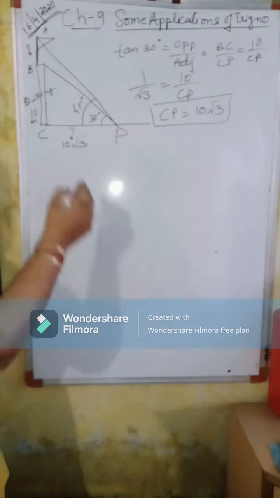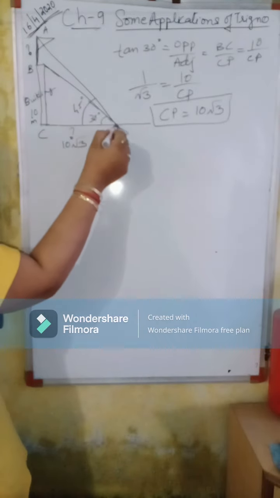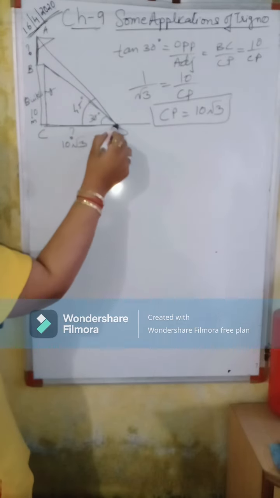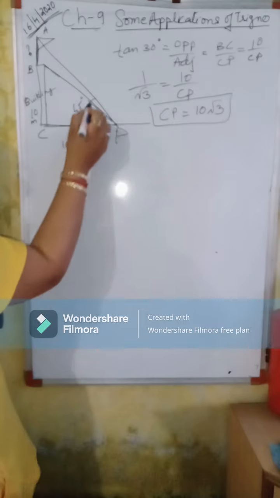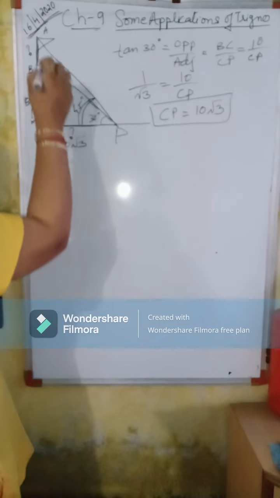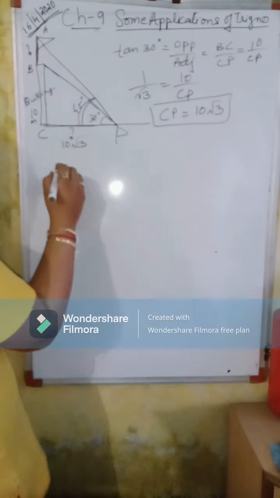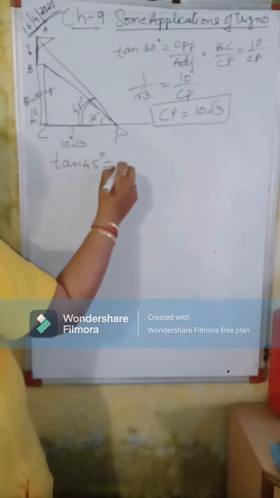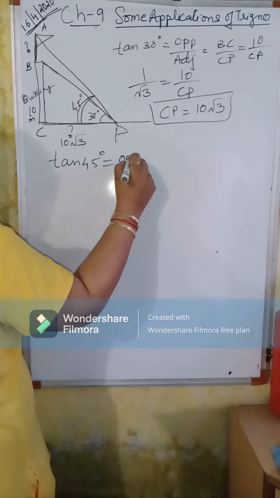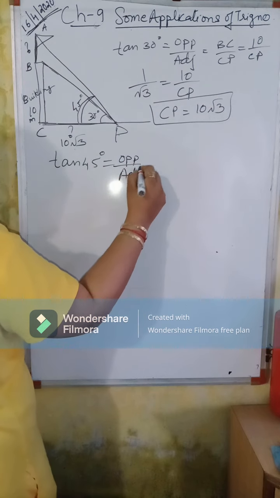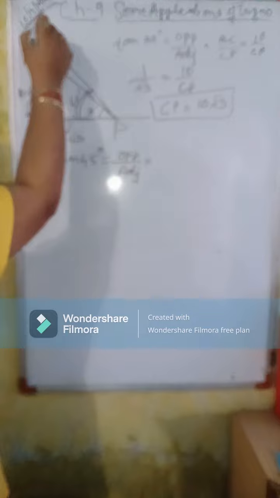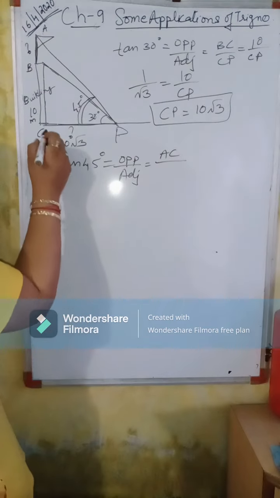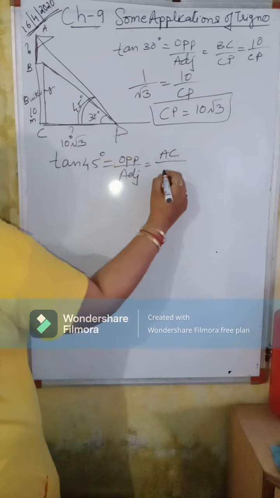Now both these angles are at P. CP is the base, and I have this 45 degrees, so I can find the whole height. So tan 45 degrees is equal to opposite upon adjacent. Opposite here will now be the whole AC upon adjacent CP.